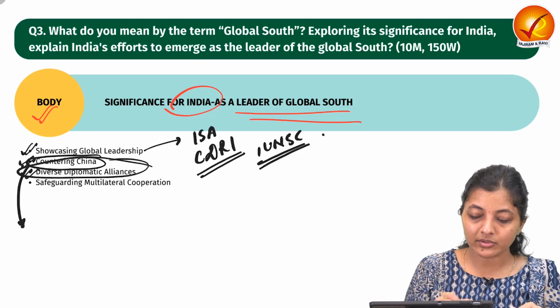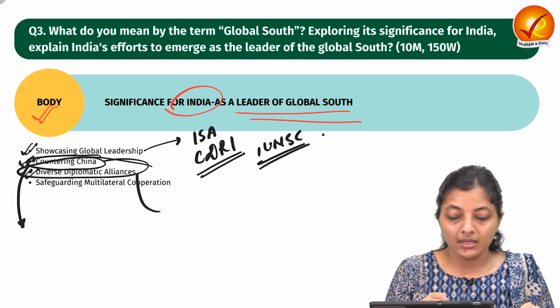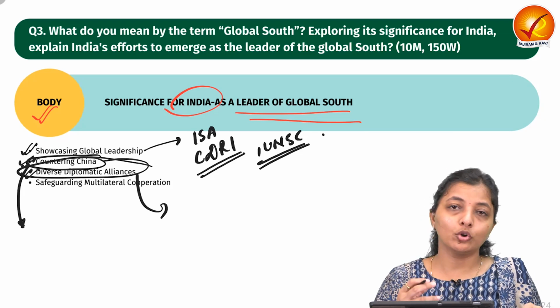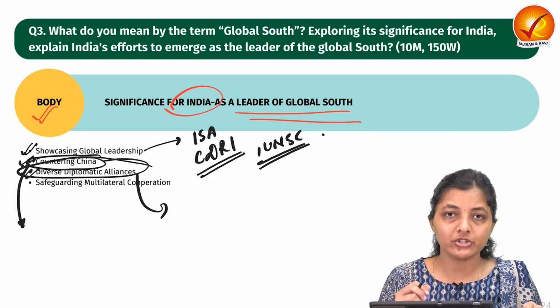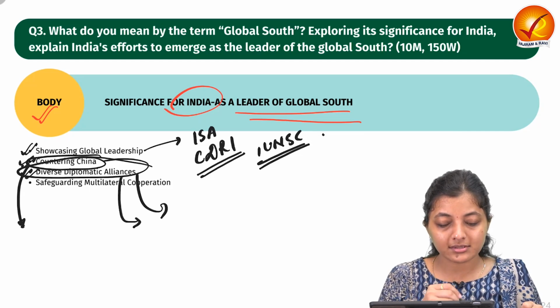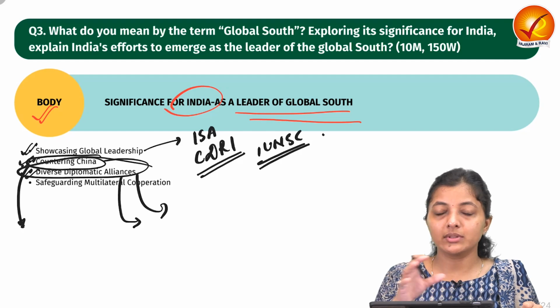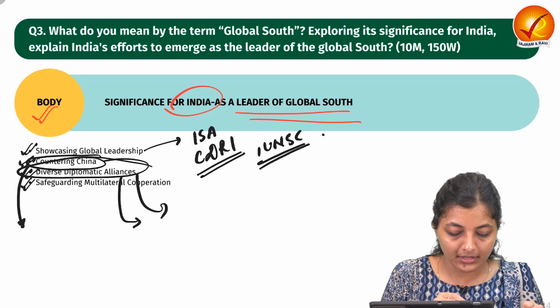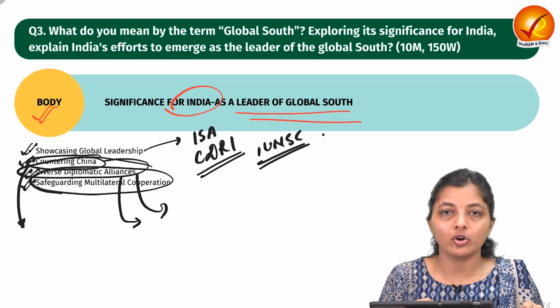And the next is diverse diplomatic alliances. By posing as a leader and taking the lead in the various regional groupings, it fosters trust, and it boosts the diplomatic alliances between the various regional forums. Then next is safeguarding multilateral cooperation.